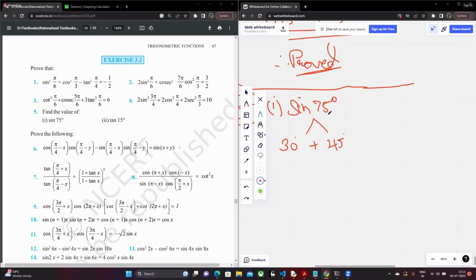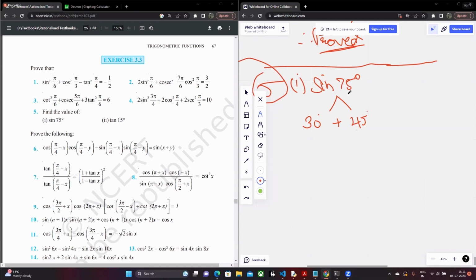In case you remember the values of sine 15 degrees or cos 15 degrees, then you'll also go for 15 and 75, because they're complementary angles, and you all know the rules for complementary angles. So you can try seeing if the given angle is a composition of them. If it is a composition, then you know the different formula that can be used. You know how you can break it down and how you can get the value.